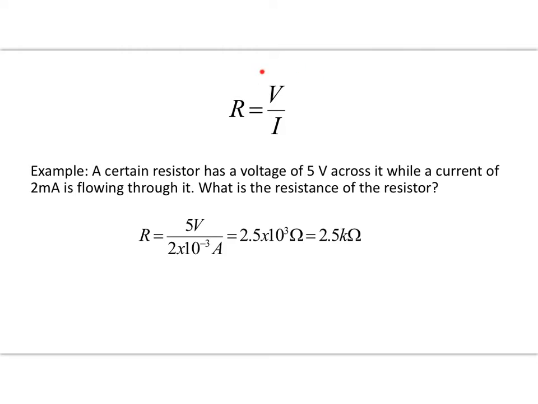So I'm going to use this form of the equation. 5 volts divided by 2 milliamps, which is 2 times 10 to the negative 3 amps. 5 divided by 2 is 2.5. 1 over 10 to the minus 3 is 10 to the plus 3. So we have 2.5 times 10 to the plus 3 ohms, which is 2.5 kiloohms.